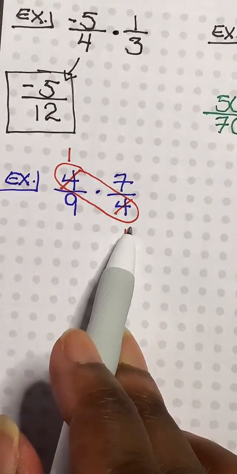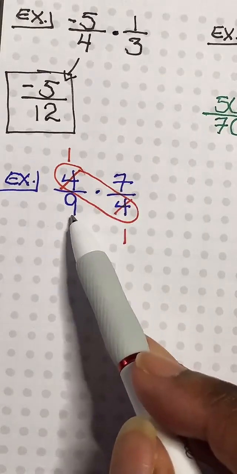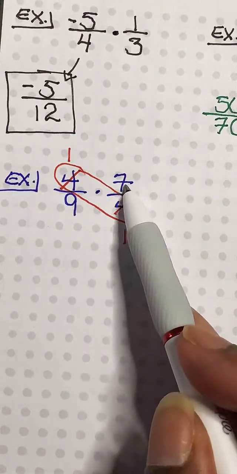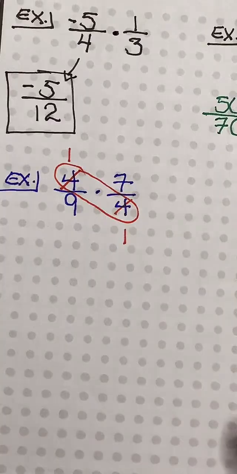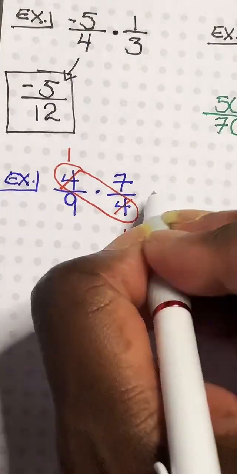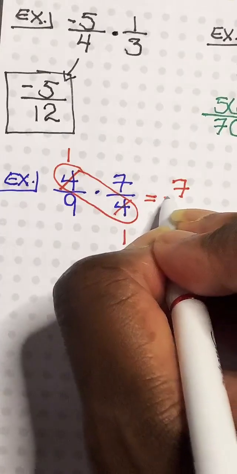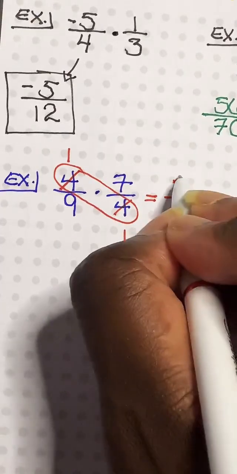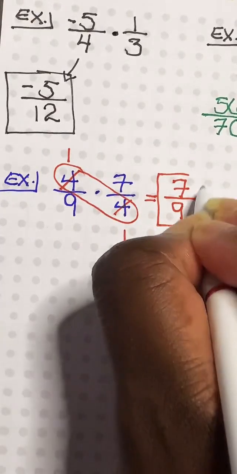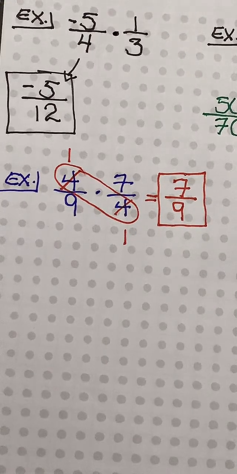So once I simplified, then I look at the 7 and 9, the only thing they have in common is 1. So that's not going to help us. So if we just multiply straight across, 1 times 7 gives me 7, and 9 times 1 gives me 9. That's how everyone's getting the 7/9.